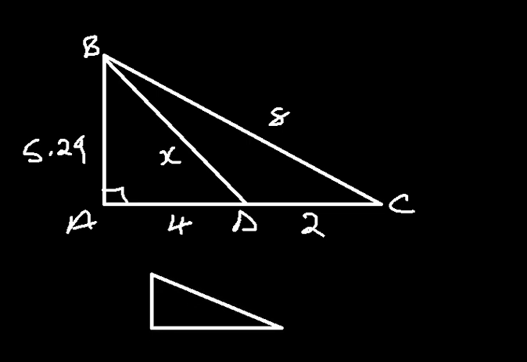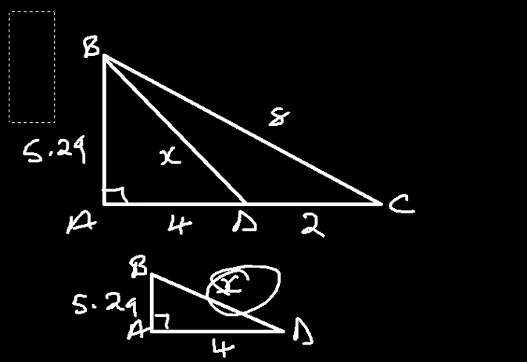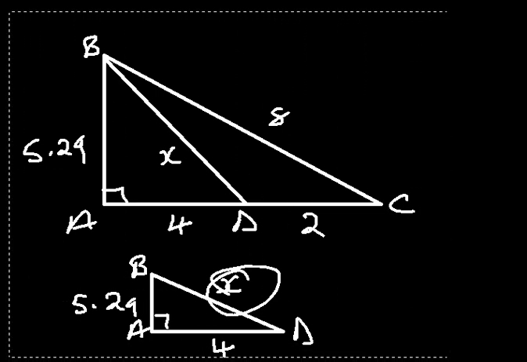So this is the small triangle that we are having, which is B, A, and this is the D. We have this as 4. We are looking for x, and this should be 5.29. Now using the Pythagoras theorem, you'll be able to have the value of the side x in that case. So that's the principle behind Pythagoras theorem.